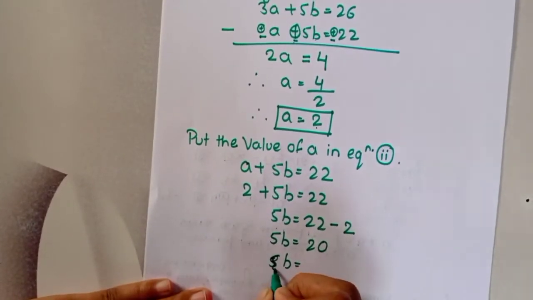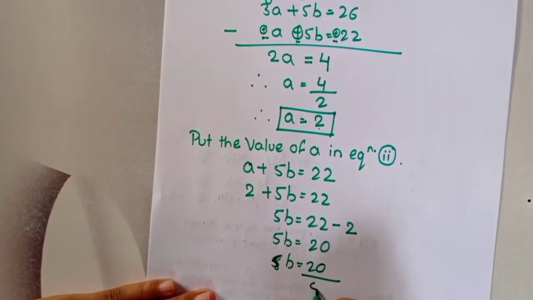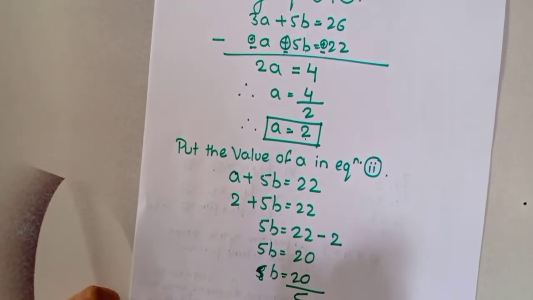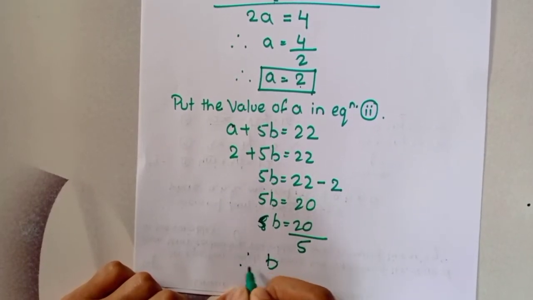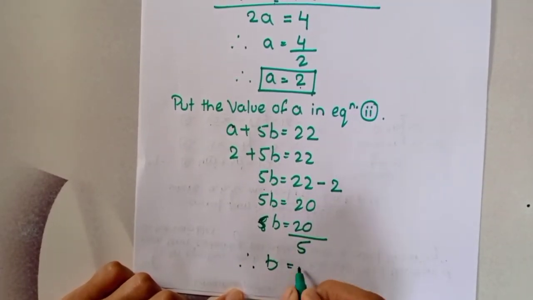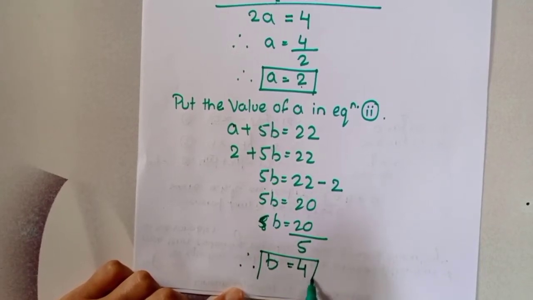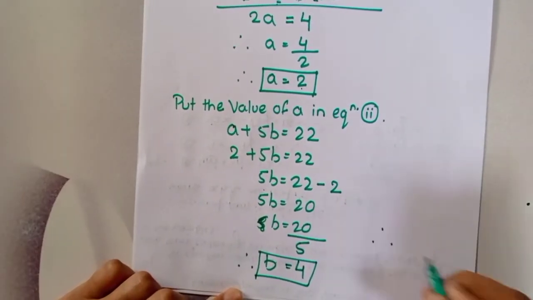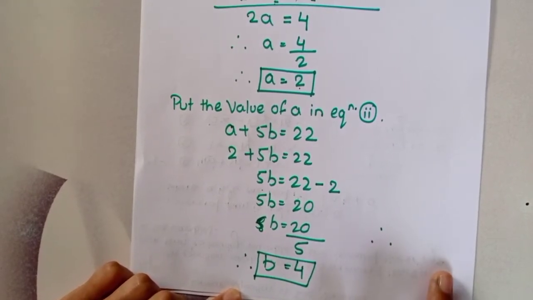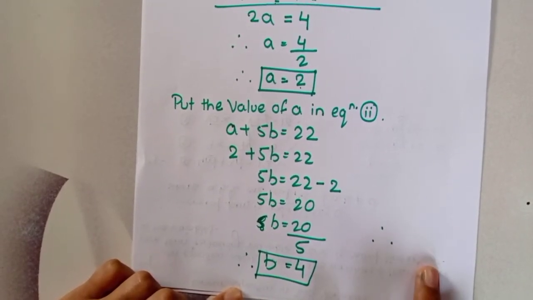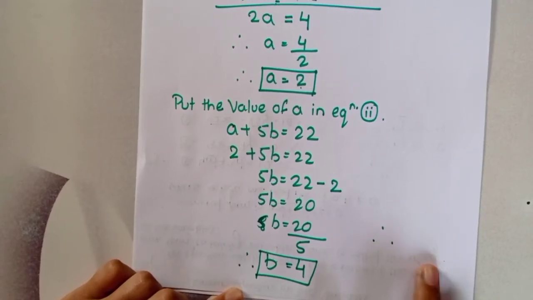The next step will be b is equal to 20 by 5, therefore b is equal to 4. Therefore, at last we have to write the final answer because it also contains marks.